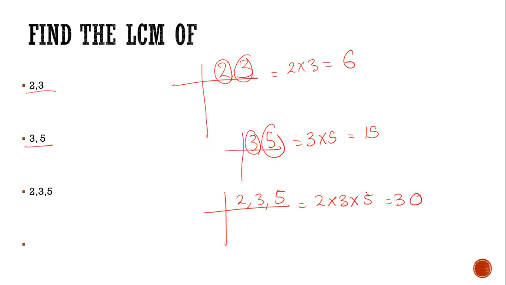So when you have to find the LCM of only prime numbers, then you can multiply them directly. But you can also use this division method just to make sure. Let's go to one more question. Find the LCM of 10 and 12.